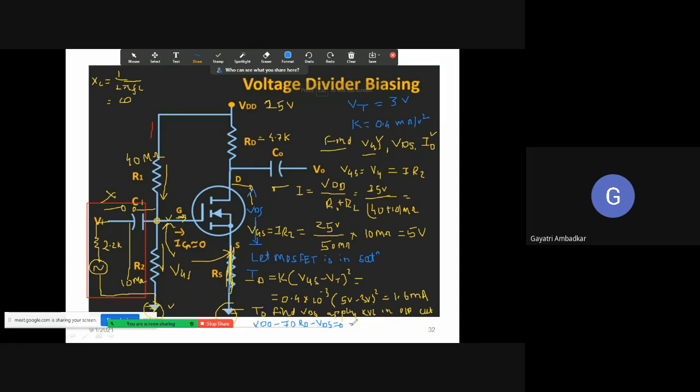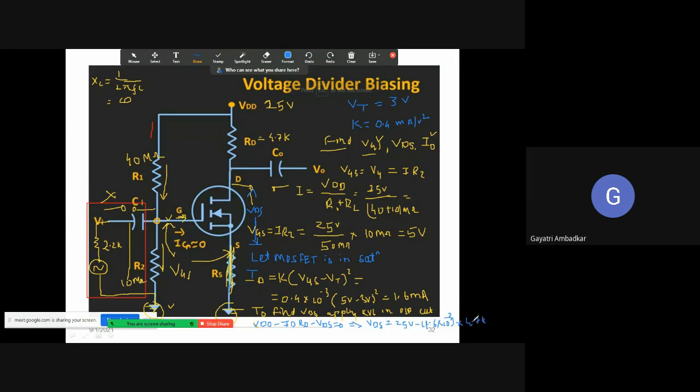Okay, from this, I will put value of VDD. It is 25 volt. ID we calculated as 1.6 milliampere. RD value is 4.7 K. So from this, you will get VDS. So VDS is equal to VDD, that is 25 volt, minus 1.6 into 10 raised to minus 3 into value of RD, that is 4.7K.